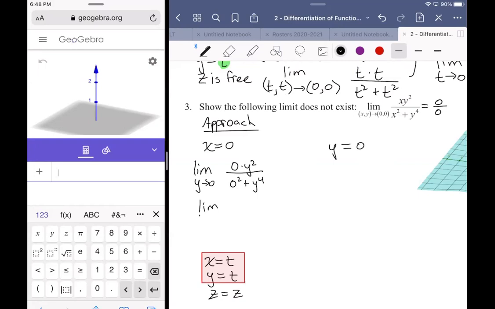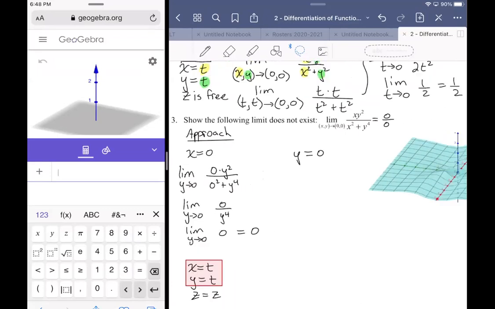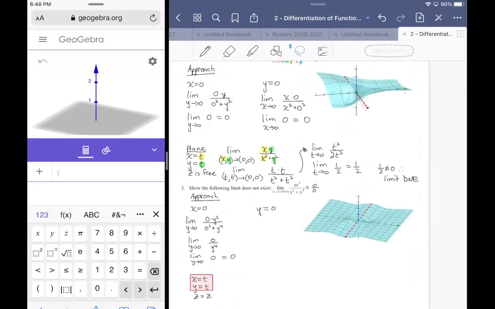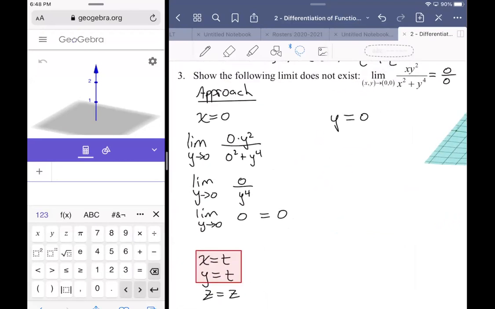That's the limit as y approaches 0 of 0 over y to the 4th, which is the limit as y approaches 0 of 0. Limit of a constant is a constant. Okay, so far it's starting off almost exactly the same way as the previous one. So let's see how it plays out. It's definitely a different function, has a similar kind of look and feel, but it's definitely different.